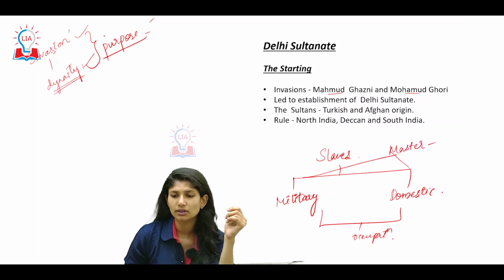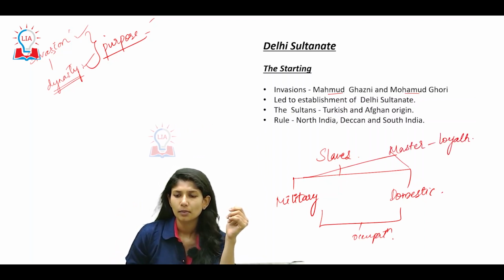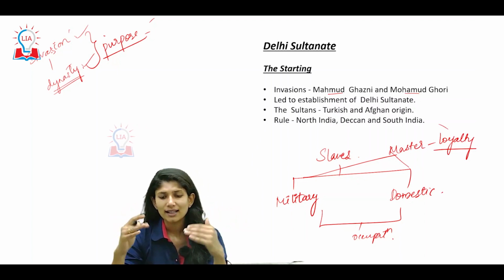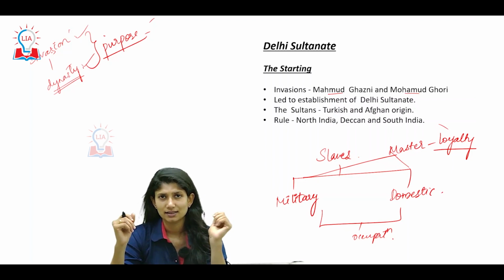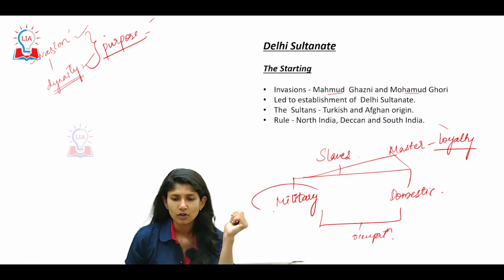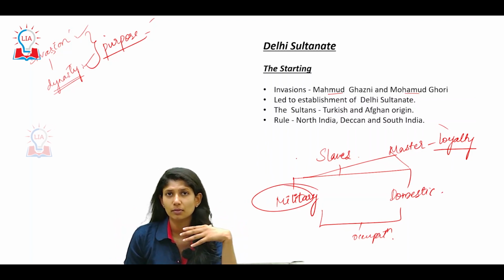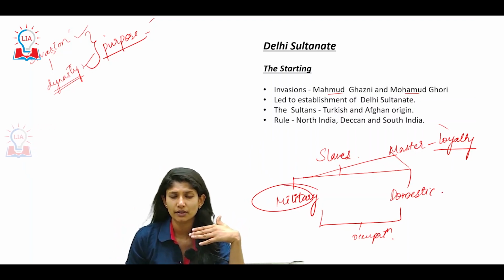They both show their loyalty to one master, whatever the reason might be. Thus the name Slave Dynasty. They were of military background. Whoever we speak about in the Slave Dynasty is all about military background.